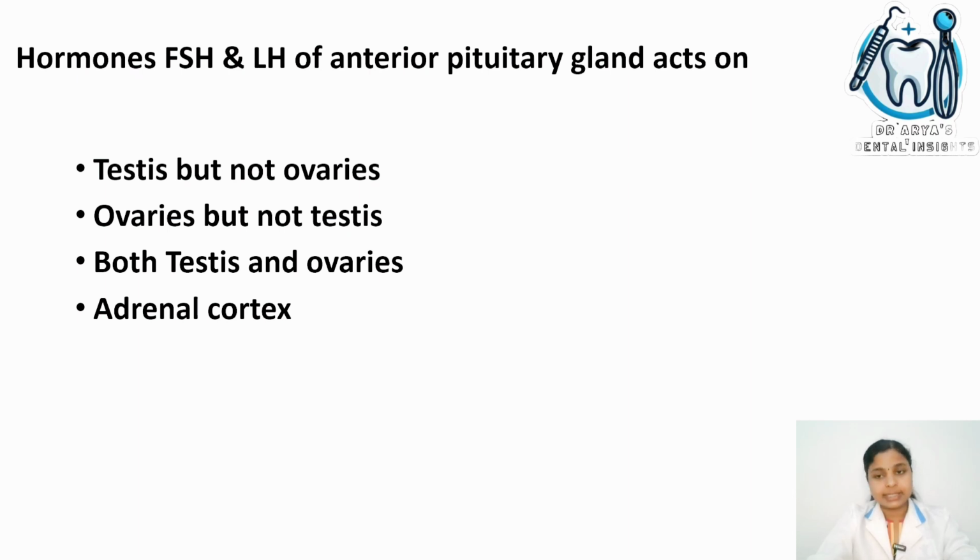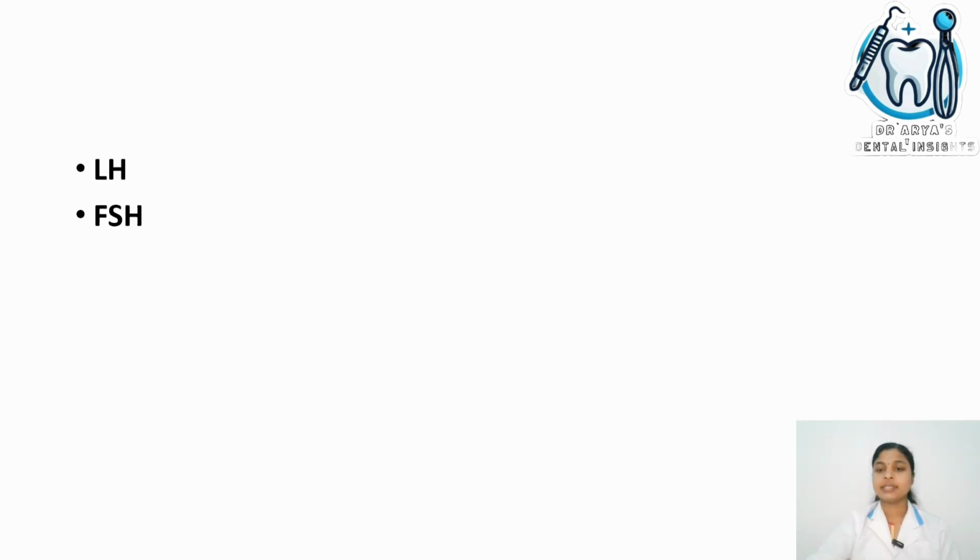Hormones FSH, that is follicle stimulating hormone, and luteinizing hormone, that is LH, of anterior pituitary gland acts on testes but not ovaries, ovaries but not testes, both testes and ovaries, and adrenal cortex. So coming to the discussion part. So what does LH do?